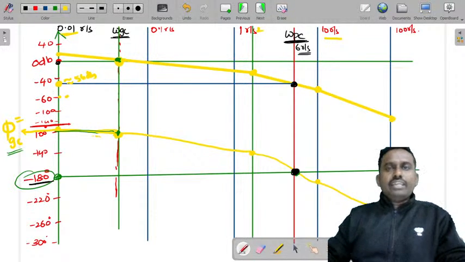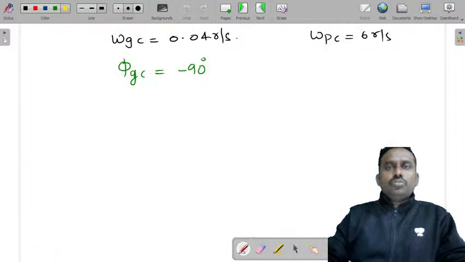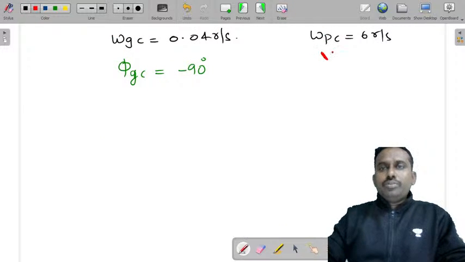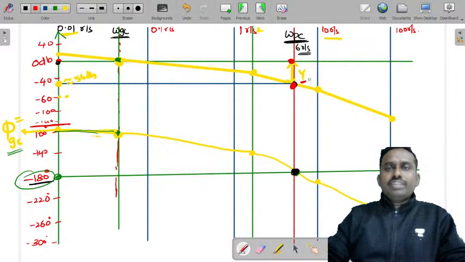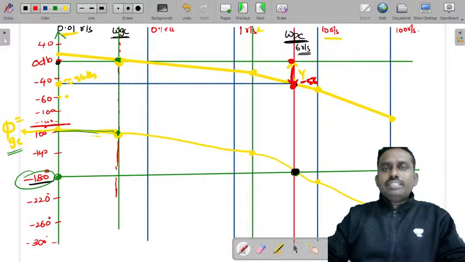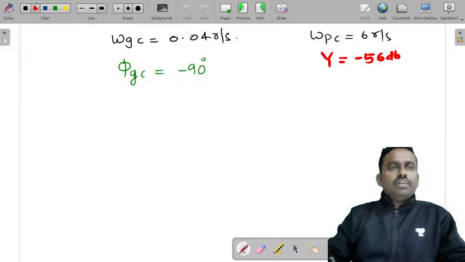If you draw it on a clear graph, this distance from 0 dB is y. So y is equal to minus 56, because it is below the 0 dB line. So this distance is minus 56, right? Now from this information you can find gain margin and phase margin.